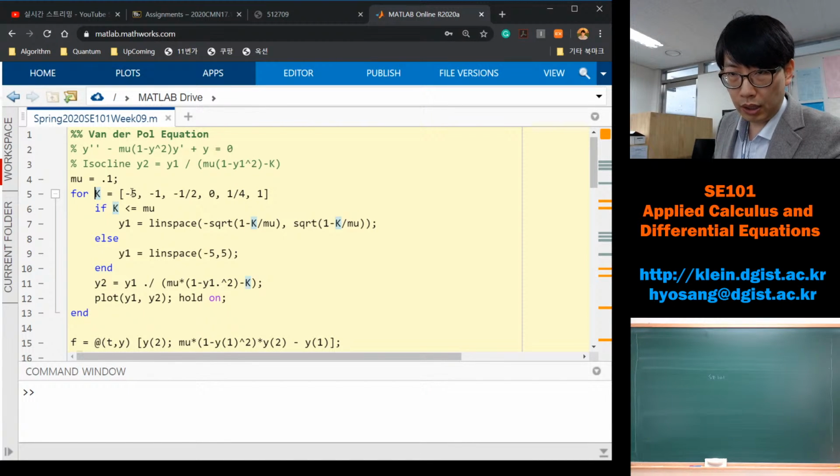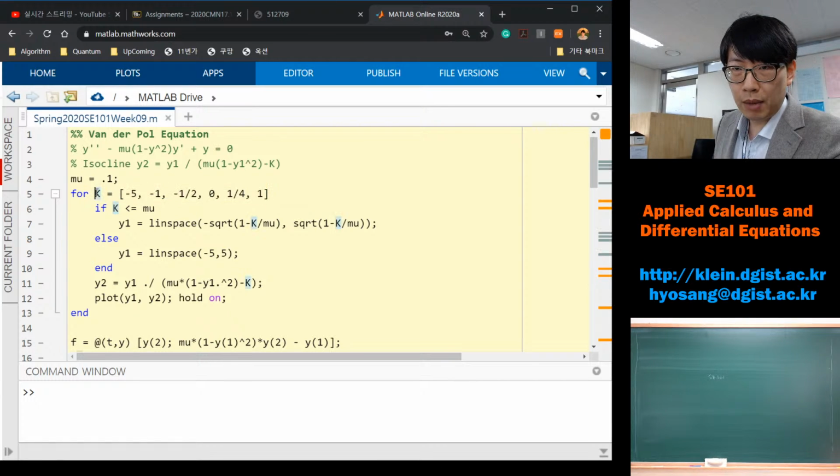In the textbook, they use k as -5, -1, and so on here. So I use the same examples of k. And when I use the for loop, I can set k to be equal to this array. Because of the working process of a for loop, it doesn't mean that I'm taking k as an array variable.